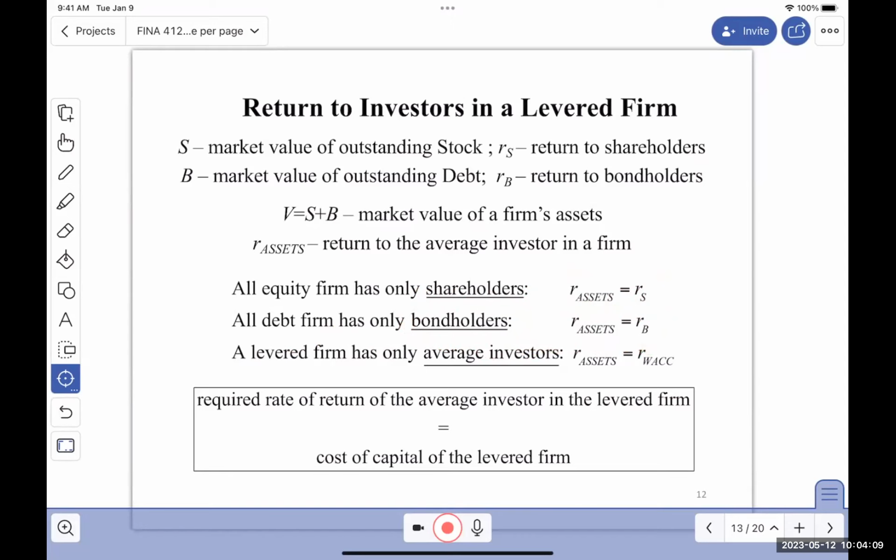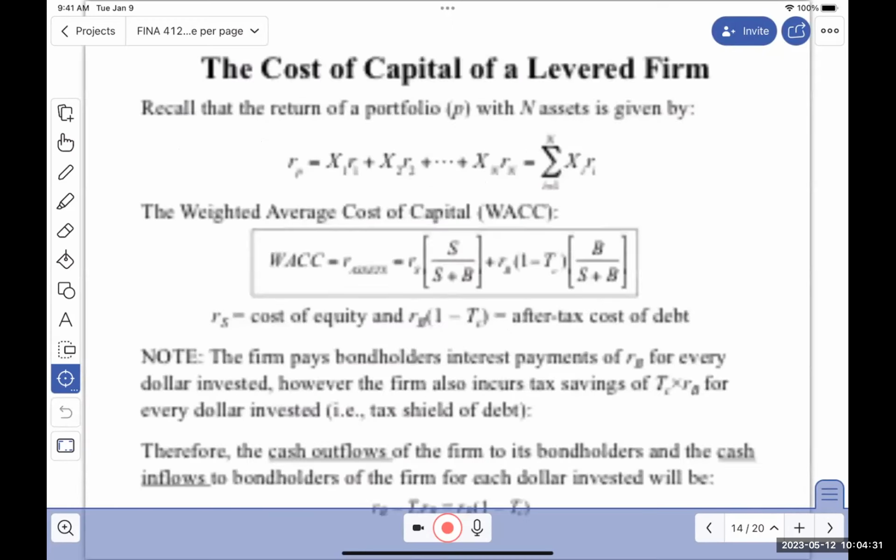But if you have both a bond and stock investment or financing, the average investor's return will be called the weighted average cost of capital, or WACC. And that's what we're going to focus on now.